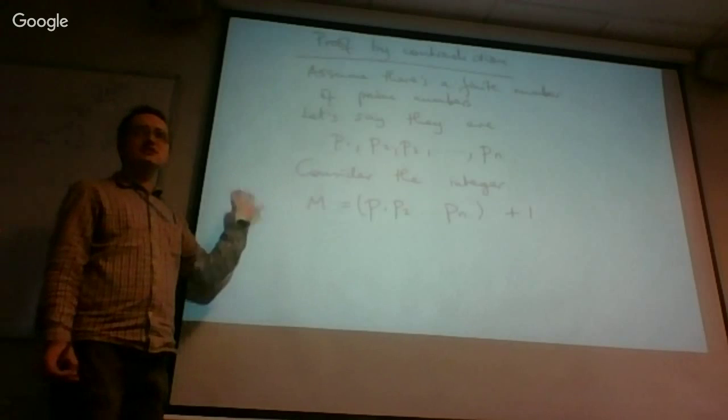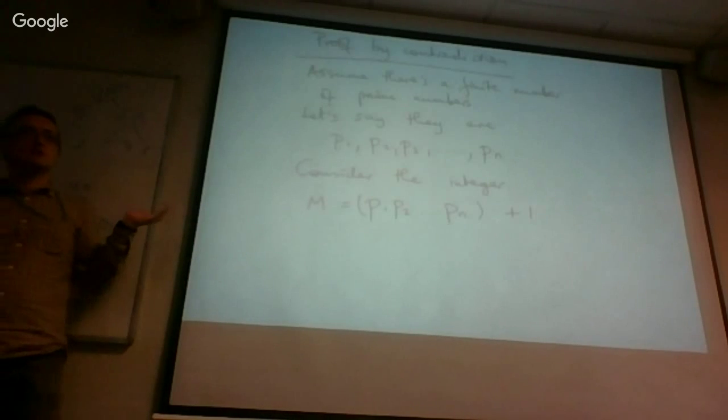But see, we assume there's a finite number of primes. Let's multiply them all together and add 1. It's certainly an integer. Now, what have we just done? The previous proof, which we read from the notes, was that every integer factorizes into primes.